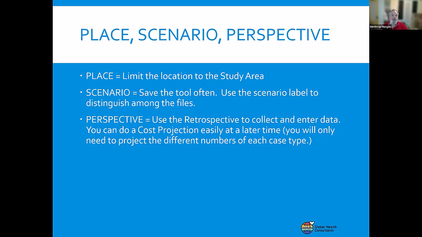Some people ask me about the scenario, the place where you type in your scenario name. What we're trying to do with that is encourage people to save the tool often. And when they do, to use a scenario label so that you know which version of the file you're working with.